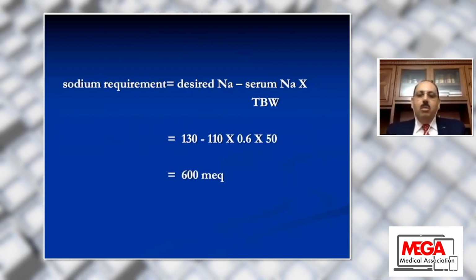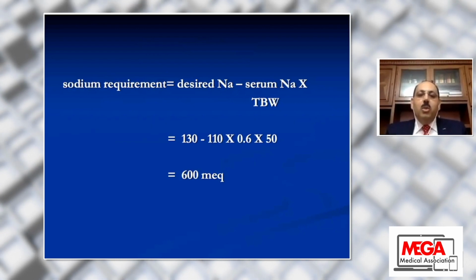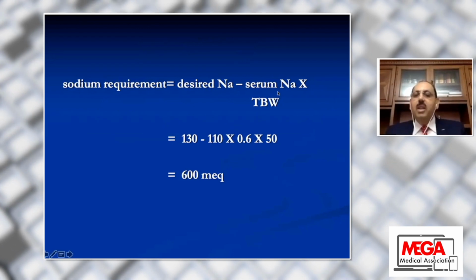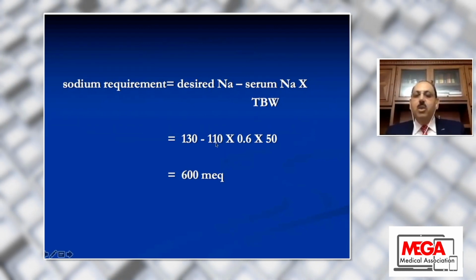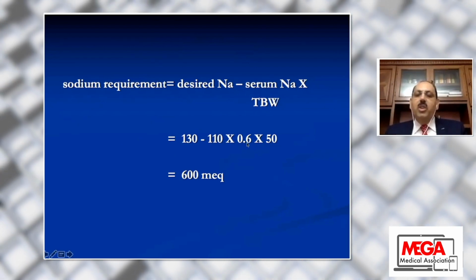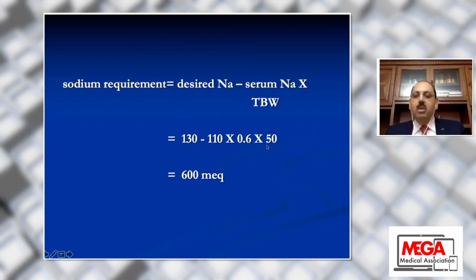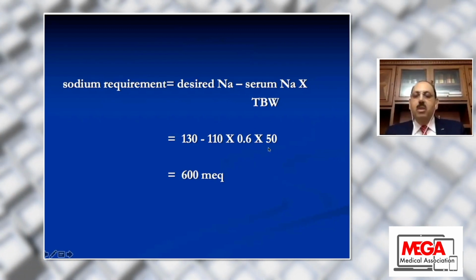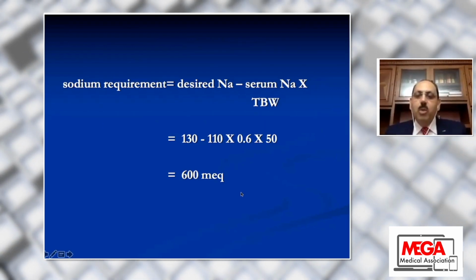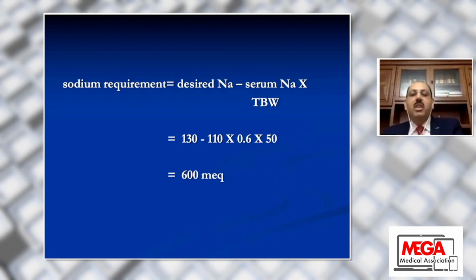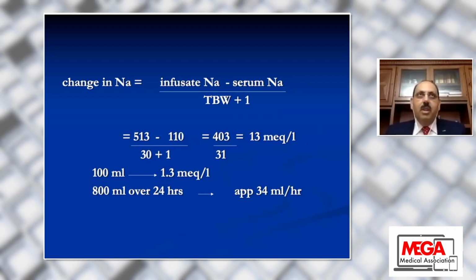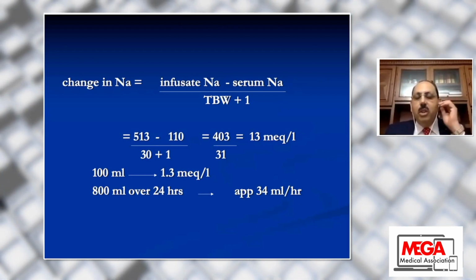So by using the equation, sodium requirement equals desired sodium, if we need to correct it to 130, minus the present sodium 110, multiplied by 50 kilogram times 0.6 because this patient is male, which is the total body water, equals 600 milliequivalent. This means that this patient needs 600 milliequivalent sodium to correct the deficit or to elevate it from 110 to 130.